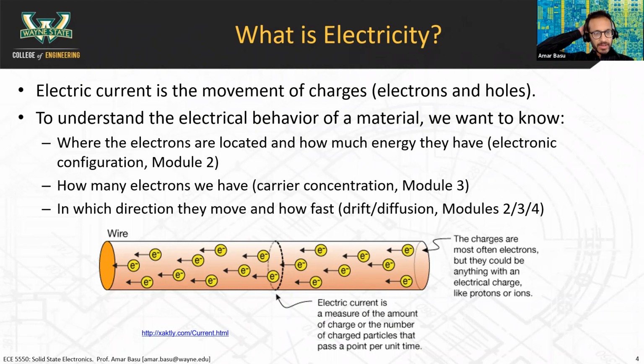That's the first thing. The second thing is, when we're talking about current, we have to have a picture in our head, so I just want to remind everybody what that is. Let's ignore holes for a second. Imagine that we just have electrons moving through a wire.